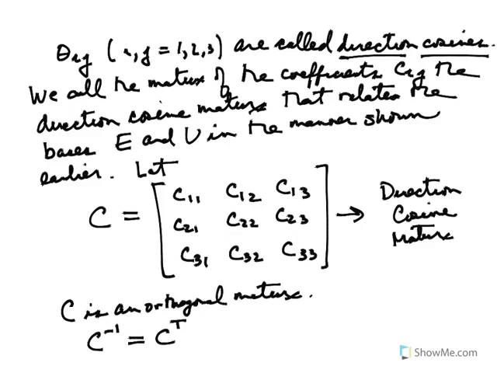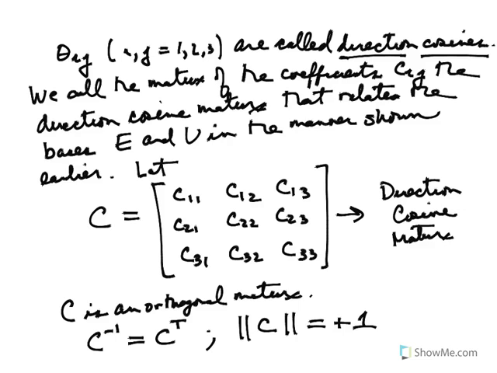It also means that the determinant of the matrix C is equal to +1 because these are right-handed orthonormal bases. So we have this nice property that the inverse is equal to the transpose because these are real matrices.